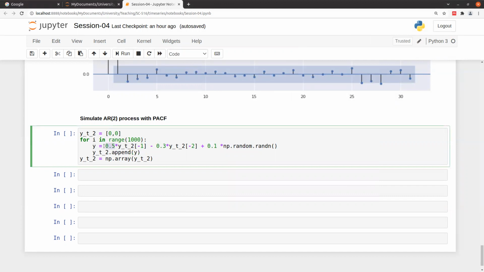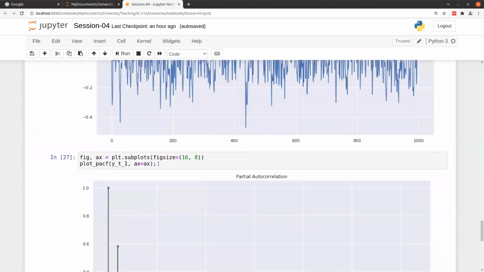Then I have set the first parameter as 0.5, the second parameter as minus 0.3, and these two initial values to 0, 0. Then I get the random value with a standard deviation of 0.1. Then I append it to that array and convert it to a numpy array. Okay, good. Then let's plot it and see what happens.